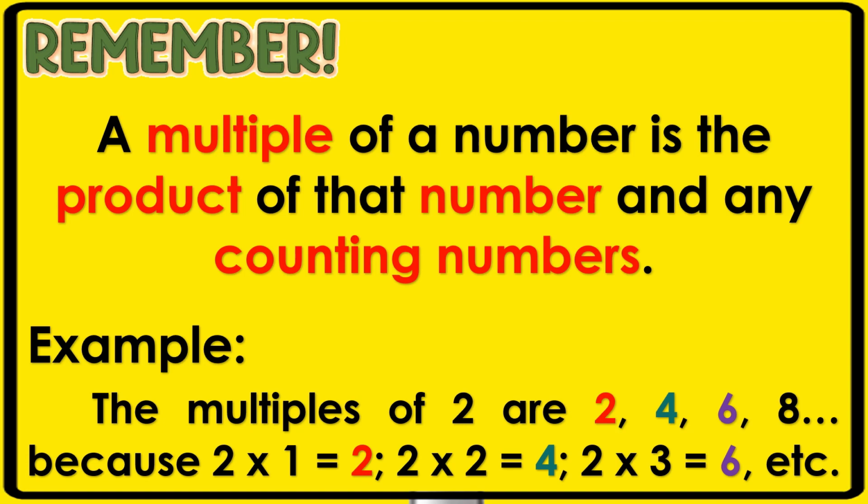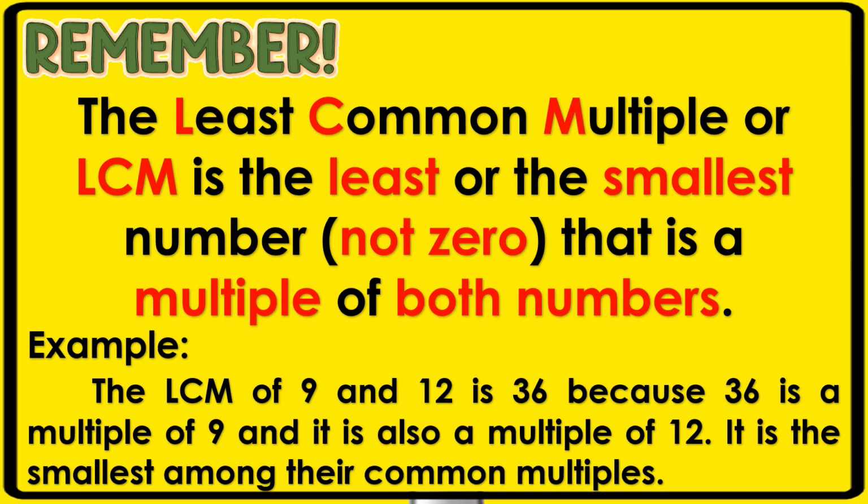Example, the multiples of 2 are 2, 4, 6, 8, and so on because 2 times 1 is 2, 2 times 2 is 4, 2 times 3 is 6, etc. Remember, the least common multiple or LCM is the least or the smallest number, not zero, that is a multiple of both numbers.